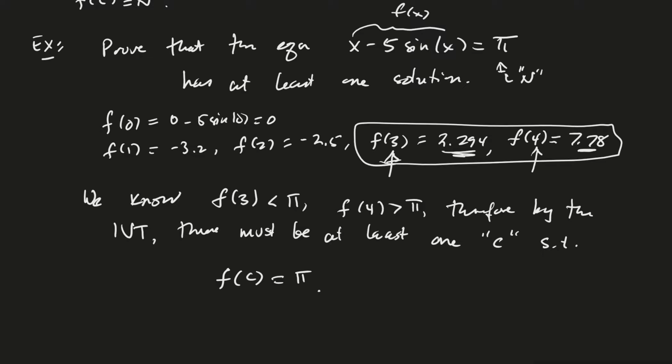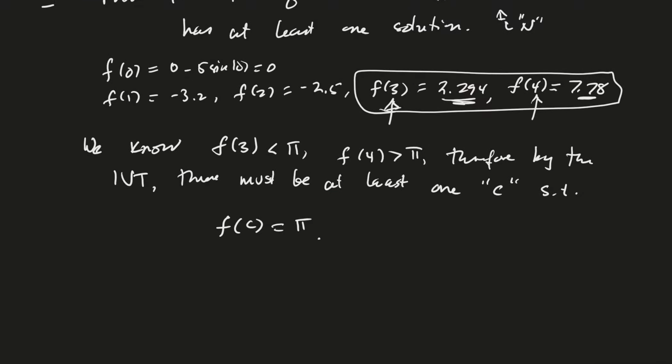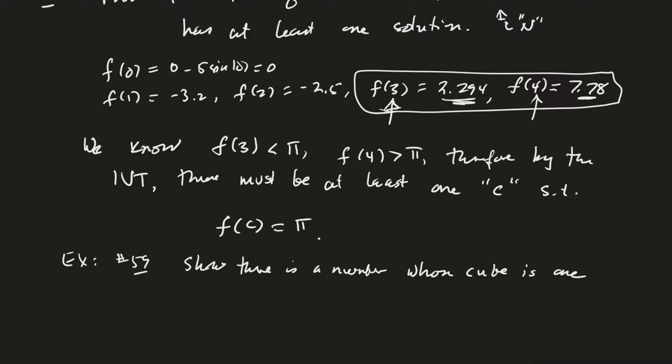Okay, let's try one more. I think we've got time for one more. This is number 59, if you want to follow along. Show there is a number whose cube is one more than the number itself.